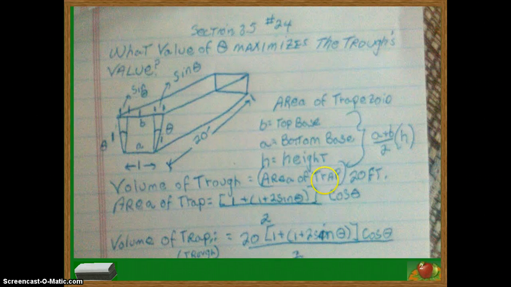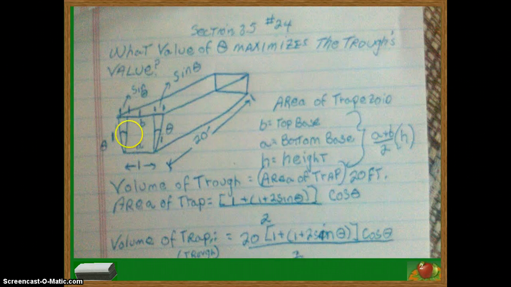And then to find the volume of the trough, you would have to multiply the area of the trapezoid by 20 feet. Let's work on a formula that involves theta because they want to know what value of theta maximizes the trough's volume. I can denote the area of the trapezoid a different way, and you need to pay attention here.